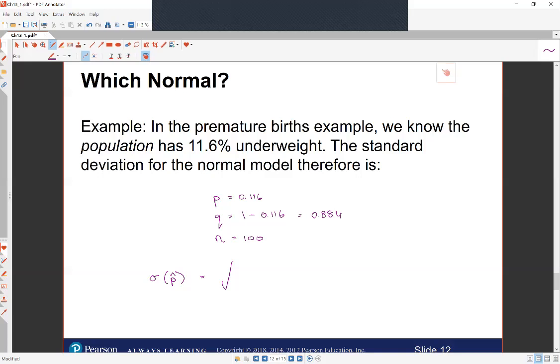It's given by the square root of 0.116 times 0.884 over 100. If you go and do this calculation, you'll get 0.032, which is the same as 3.2%.